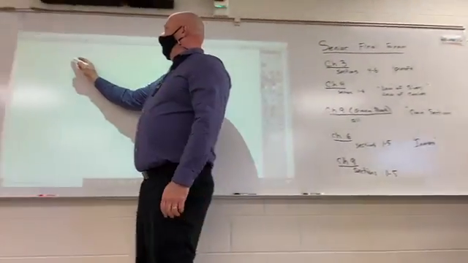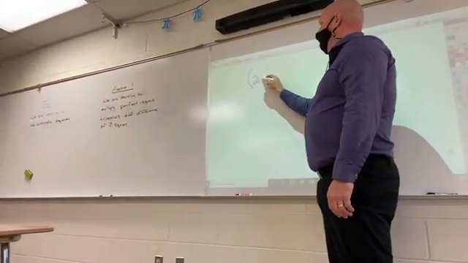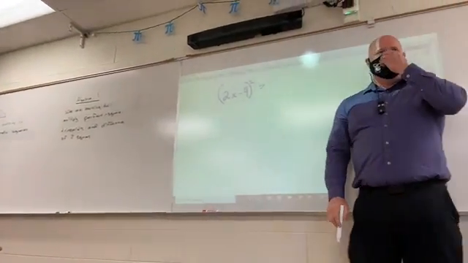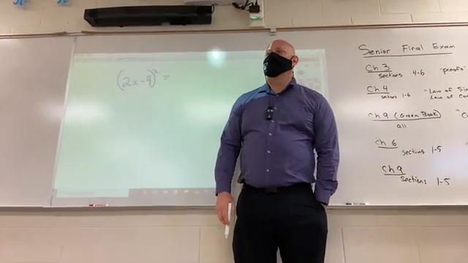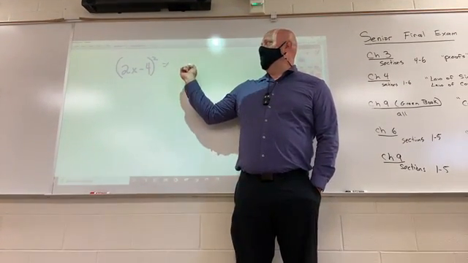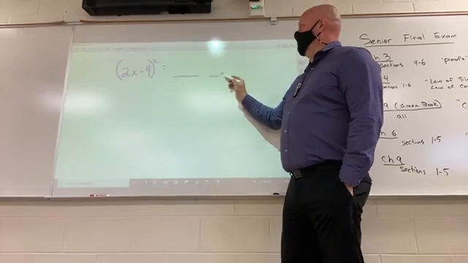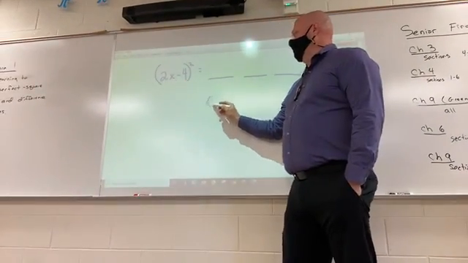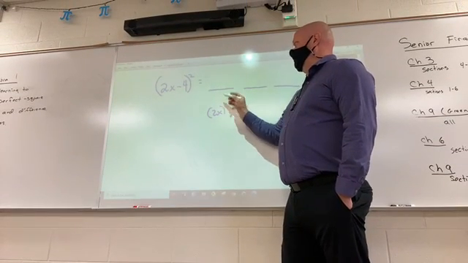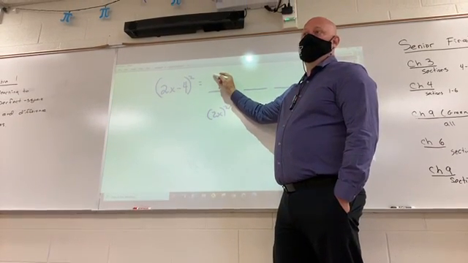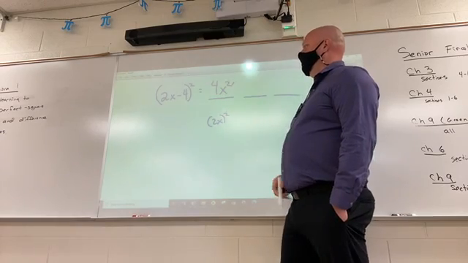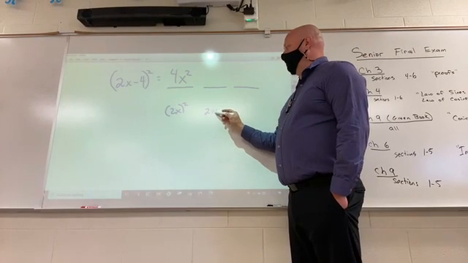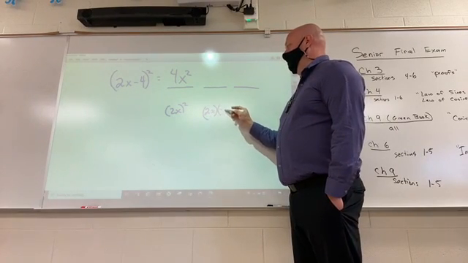What is the shortcut to doing a perfect trinomial? How do you find the first term? You take the first term and square it, which you would get 4x squared. How do you find the middle term? You take the 2x and times it by the negative 4.